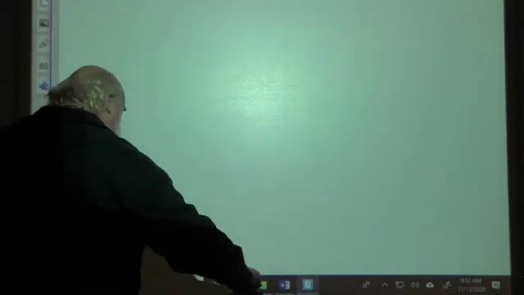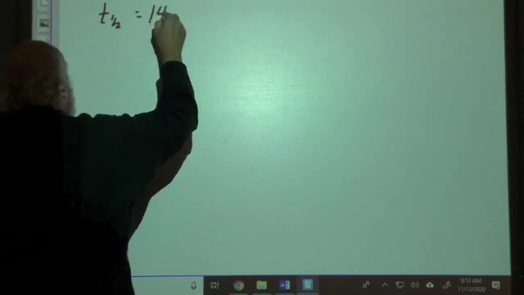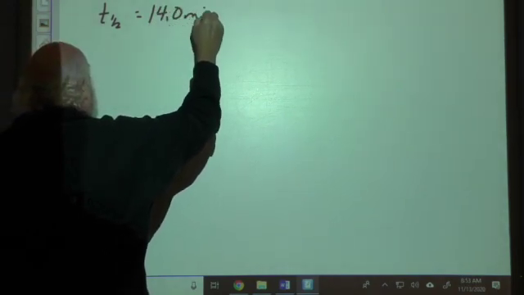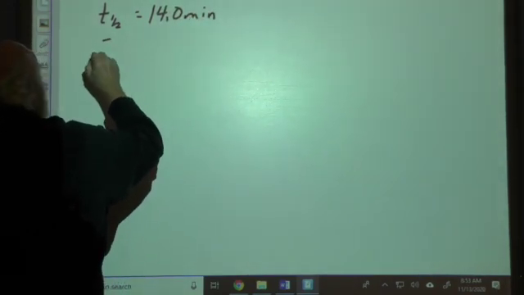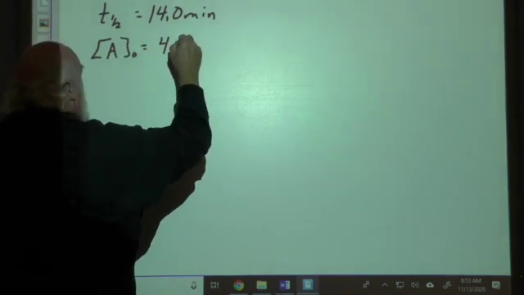3, 2, 1. Okay, so now let's put down what we know. We have the half-life for this example, 14.0 minutes. The original concentration of A is 4.5 grams.